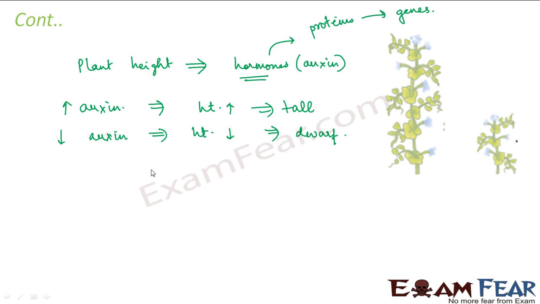Similarly, all other traits which we see in different organisms, be it eye color, hair color, skin color, body appearance, everything in turn is controlled by something inside the body, which in turn depends on the synthesis of proteins. And protein synthesis is wholly and solely controlled by the genes. Therefore, we say that genes control the different traits in an organism.